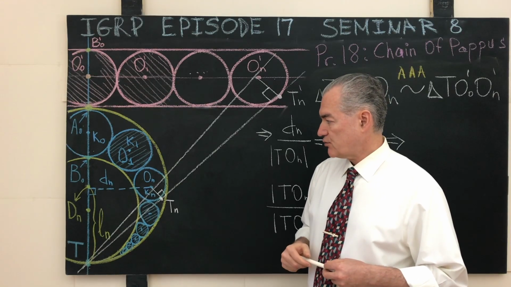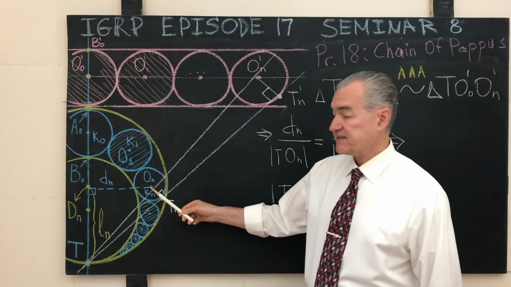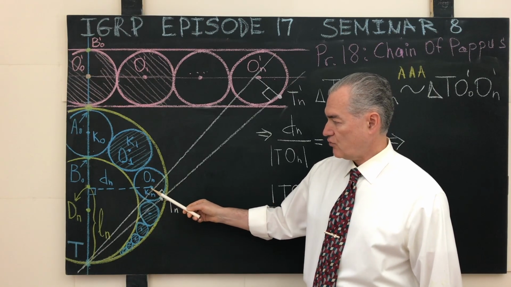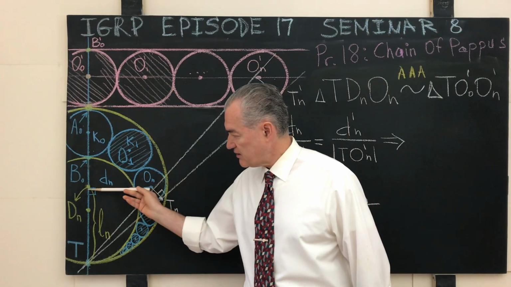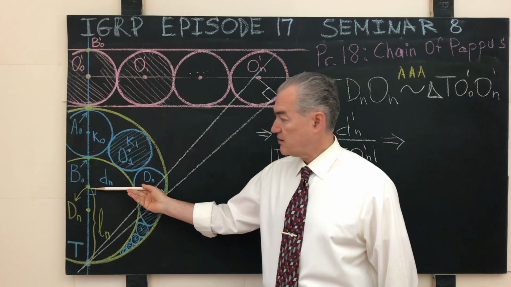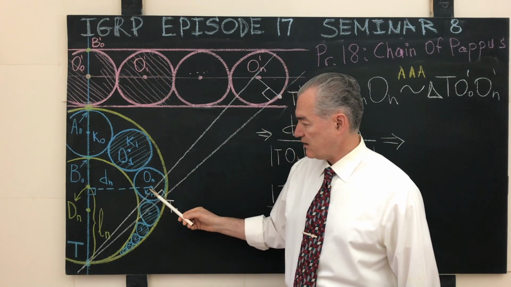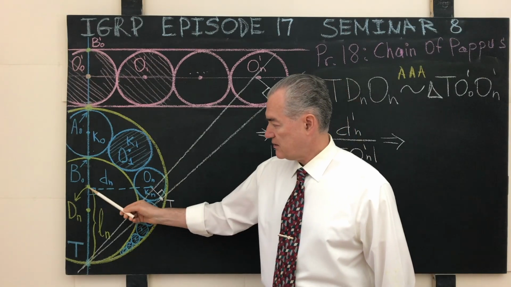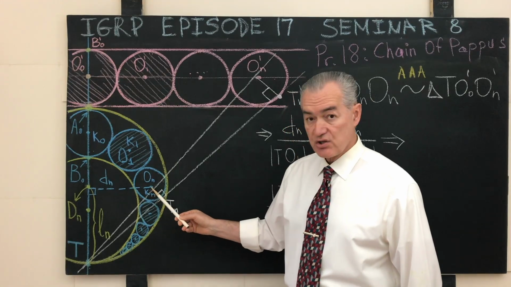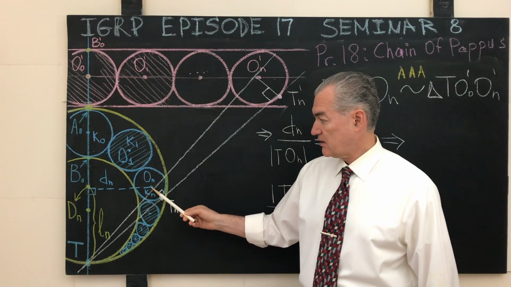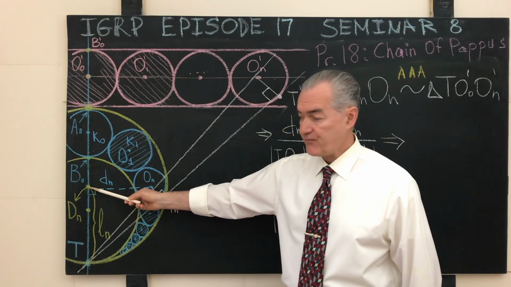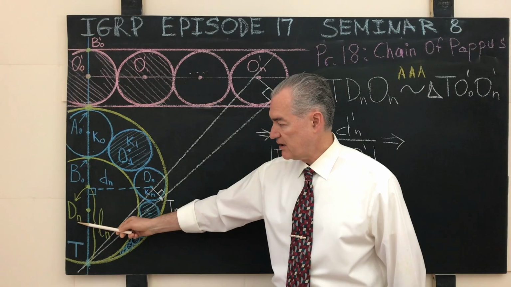Technically that also means that we will project the center of the nth inscribed circle, the point On, shown over here, onto the line of centers L in a traditional orthogonal fashion. In other words, the angle On, Dn, and T will be right. So the projection of the center of the nth inscribed circle On onto the straight line of centers L, I will refer to as the point D sub n.